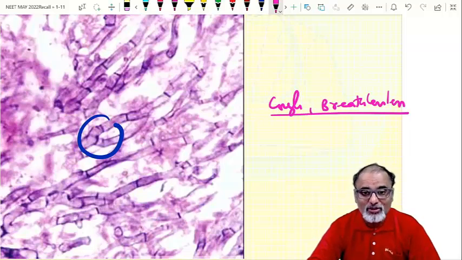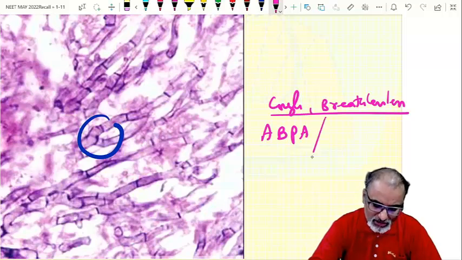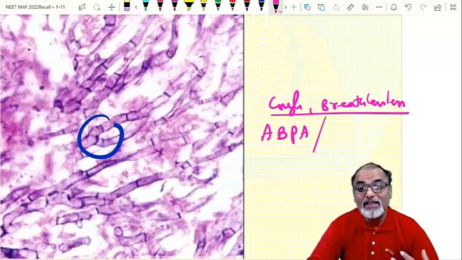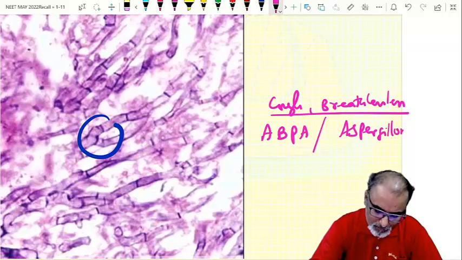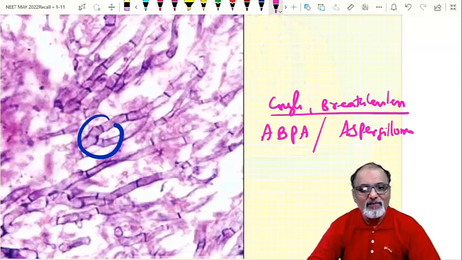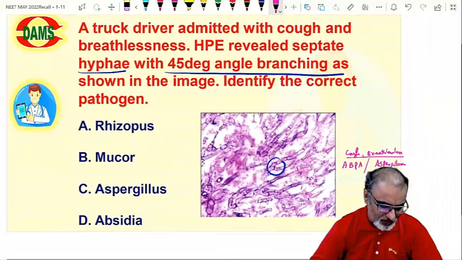It also causes allergic bronchopulmonary aspergillosis, or in a pre-existing TB cavity it settles as an aspergilloma, a fungal ball. We can vote for Aspergillus because it's septate hyphae with 45-degree branching.